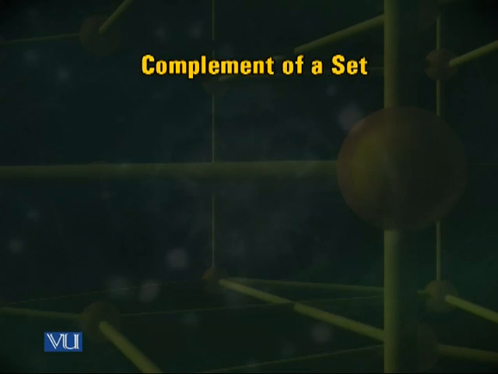For example, if we have a set A and we want to find out the complement of this set A. As you know, the complement of a set contains all elements which are not in the given set.